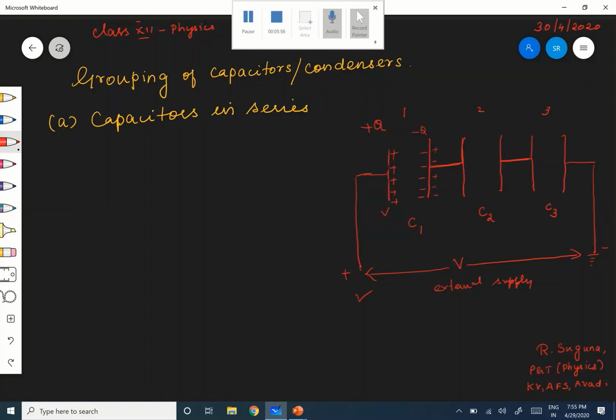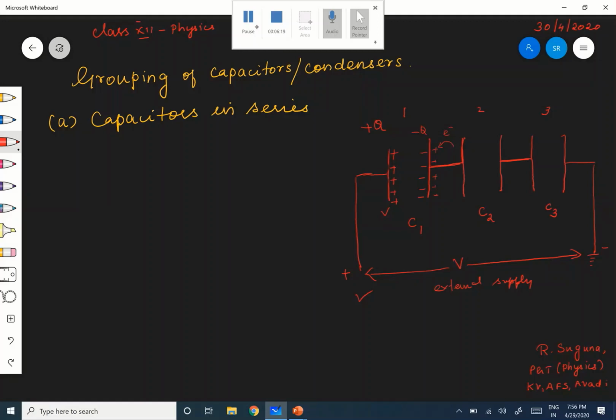But these positive charges will be immediately nullified. At the left plate of the second capacitor, electrons will come and neutralize these positive charges.